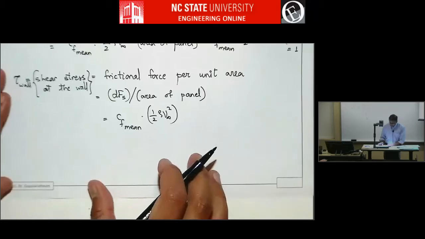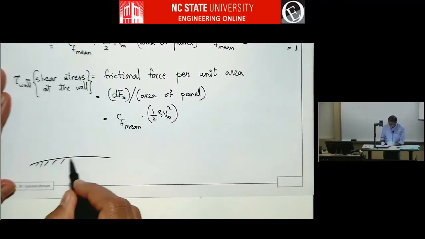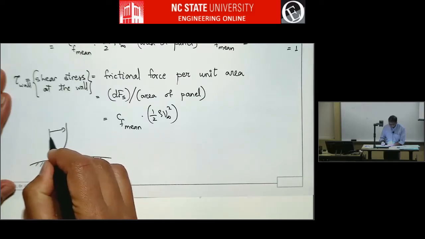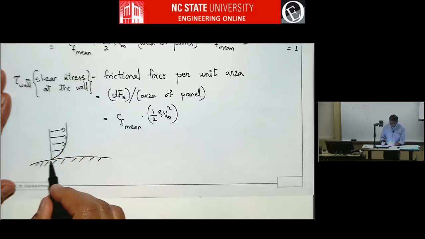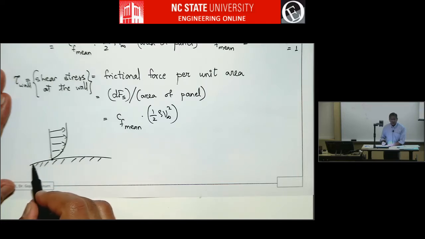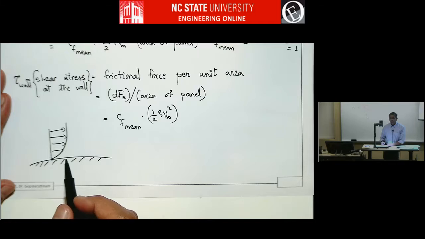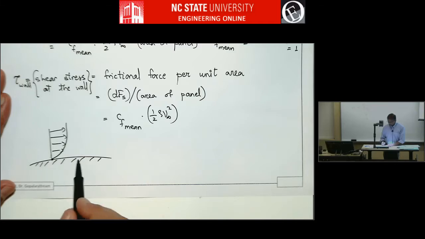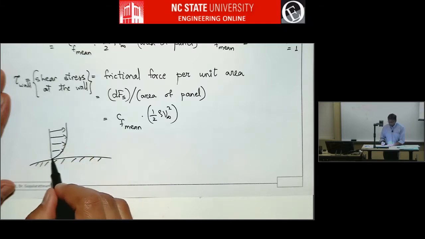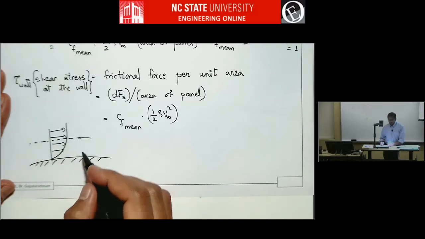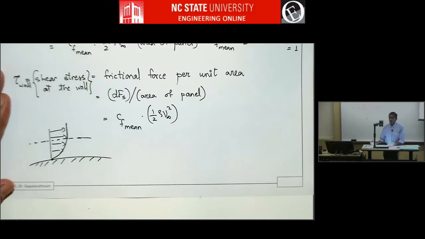So the reason you get shear stress at the wall is because of viscous effects. Normally you have a boundary layer, and as you look in the direction normal to the surface at this point or at any point, the velocity is zero at the surface because of the no slip condition. So the friction brings the velocity to zero relative to the wall at that wall point. But as you go in the normal direction, the velocity quickly increases, and at some point, which is the edge of the boundary layer, the velocity becomes equal to the outer velocity in that region.